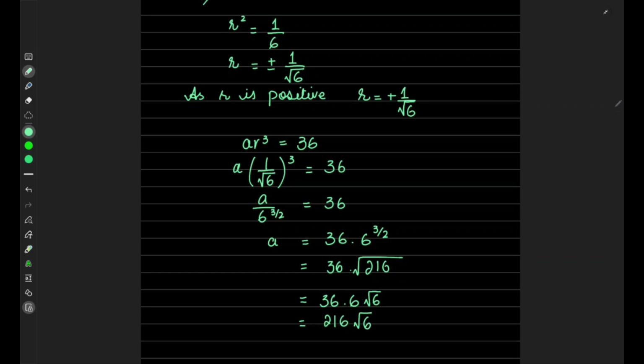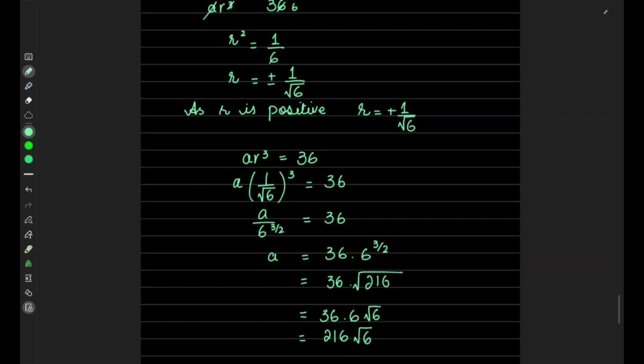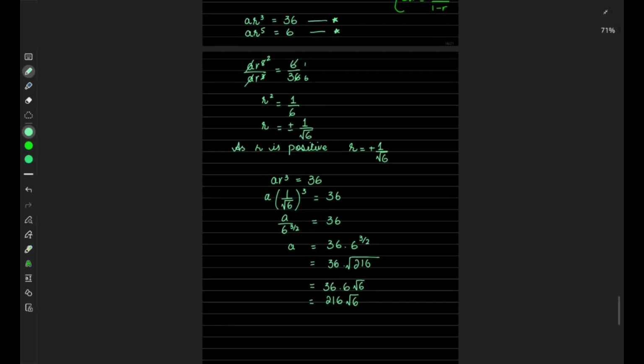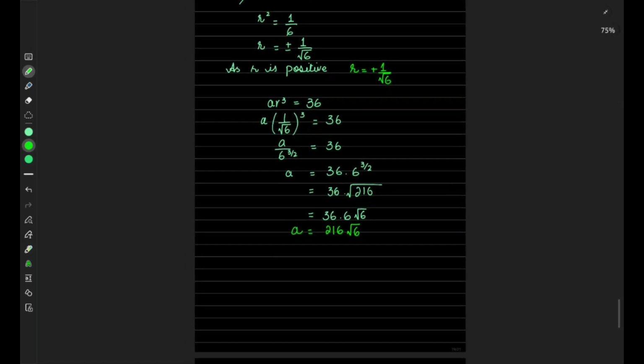So 216 root 6 is your a. Now, what we have found so far is r to be 1 over root 6 and a to be 216 root 6. Now we can use the sum to infinity formula.